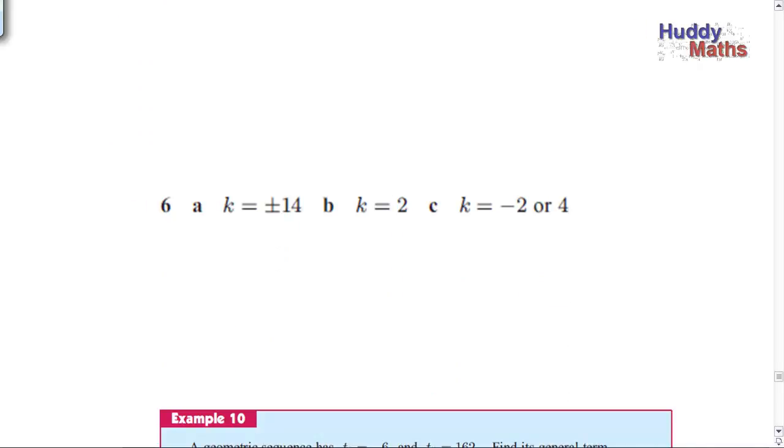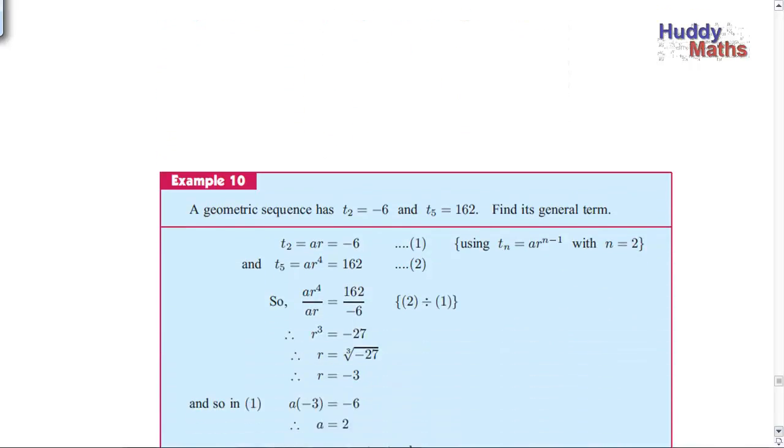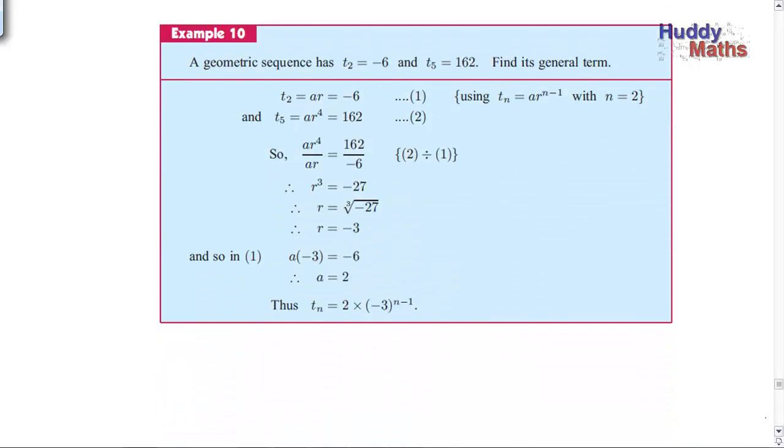Okay, let's finish off with just another little tricky-do problem here. Again, like the arithmetic ones, we're given two terms in the geometric sequence. Find the general term. So here we are. T2 will be AR to the 1, and that comes to -6. T5 will be AR to the 1 less power, AR to the 4th, and that's 162.